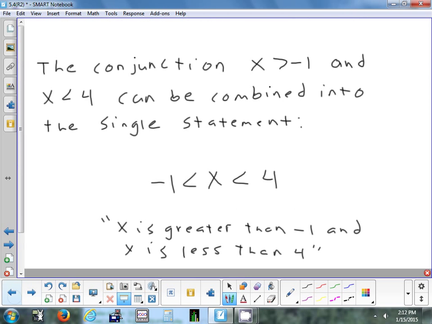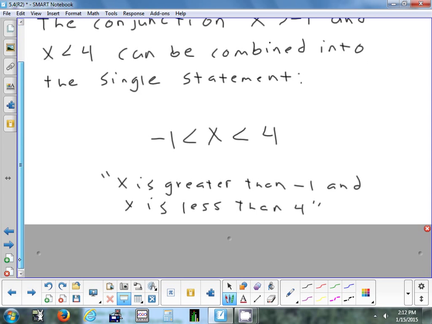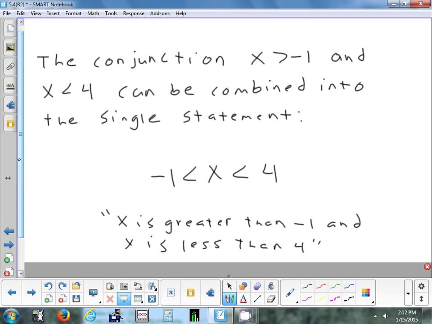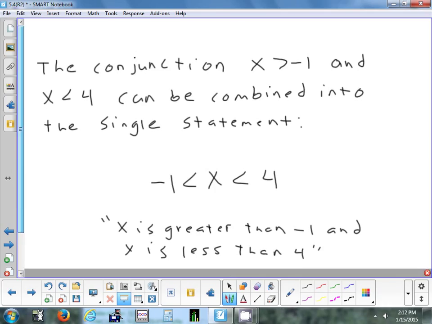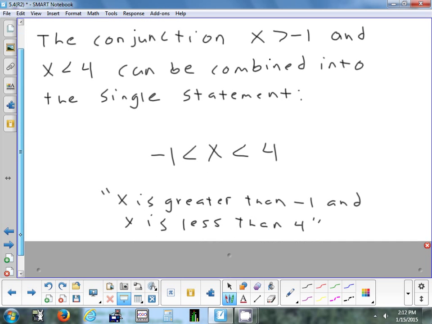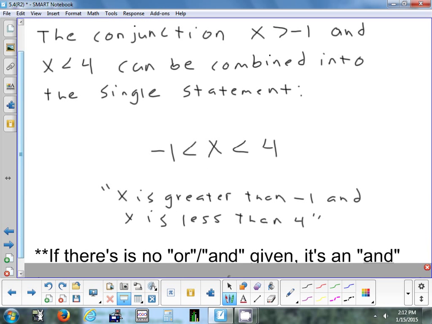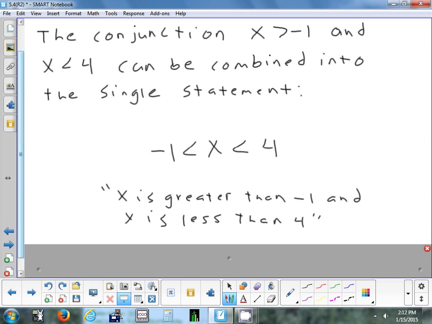So when there's no and or given, we want to break it down. We want a variable, an inequality sign, a different one, and then a number in both of them. The biggest thing is you can't use the same inequality sign in both. You want to use the 2 different ones. Mr. Hager's going to show you how to do that.